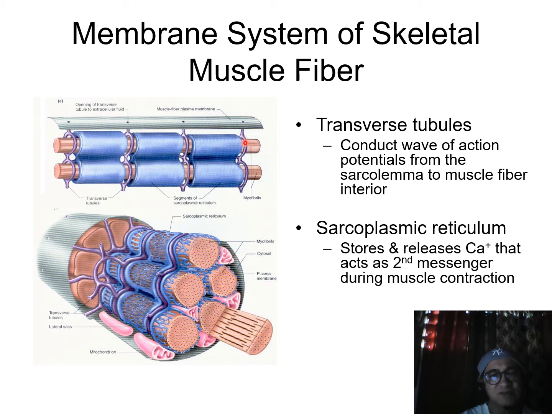And as these waves of action potentials travel along the transverse tubules, they pass along the sides of the sarcoplasmic reticulum in such a manner that they also cause depolarizing potentials of the sarcoplasmic reticulum, thereby causing it first to open up calcium ion channels that allow the diffusion or efflux of calcium from the sarcoplasmic reticulum.